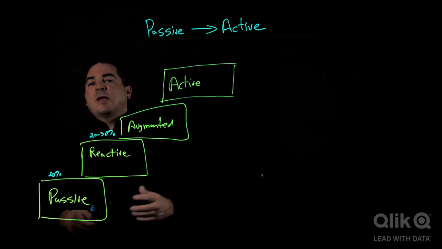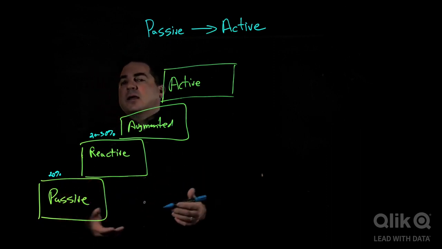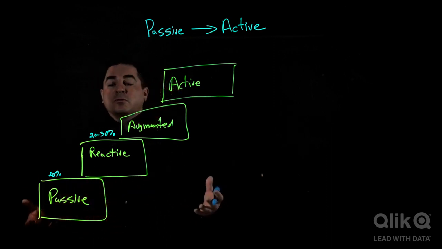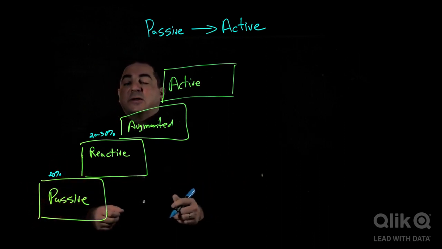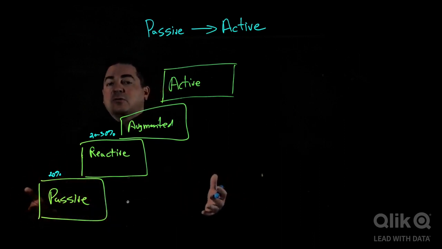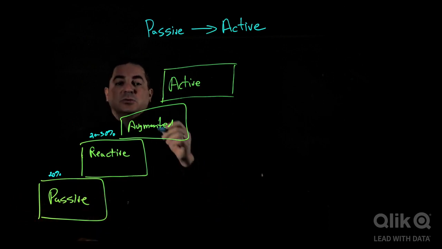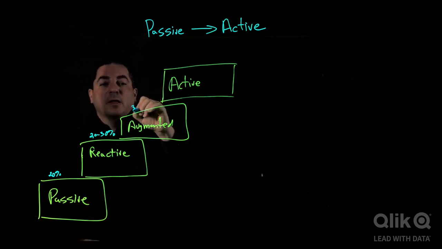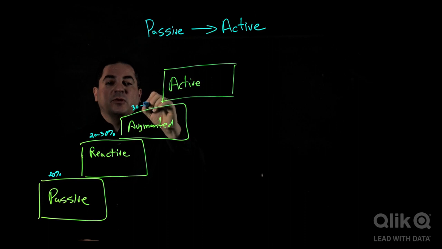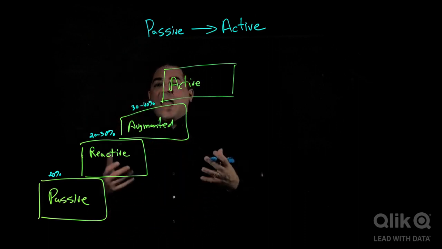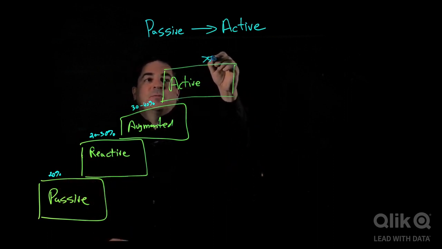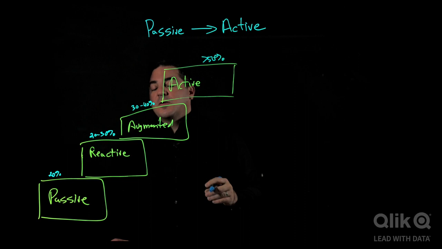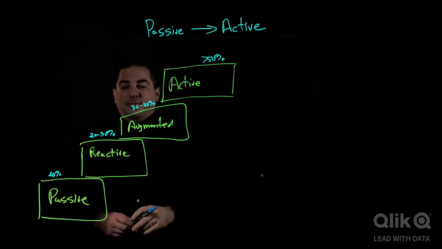We then enhanced the reactive analytics by augmenting it with AI, so that more users with lower skill levels could have better insights, as well as the higher skilled users being able to see more. And that got us to 30 to 40%. We've now added active analytics to capabilities, and that can get us over 50% of decisions being data-driven.